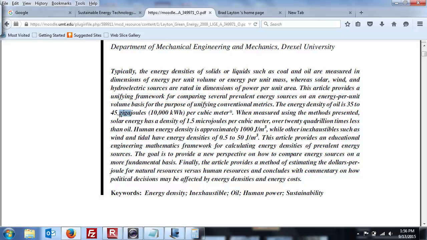So we can right away hop from a megajoule up to a gigajoule, and there you are at 4,000. Hopefully that puts those types of numbers in perspective. And you come way down here, solar energy density, 5 microjoules per cubic meter.